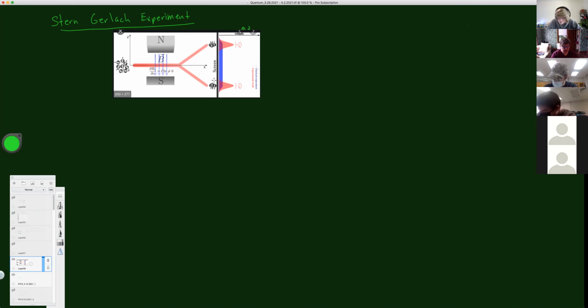And the reason they were using silver is that silver has 47 protons, right? So silver, 47 protons, and it has 46 inner electrons and 1 outer electron.